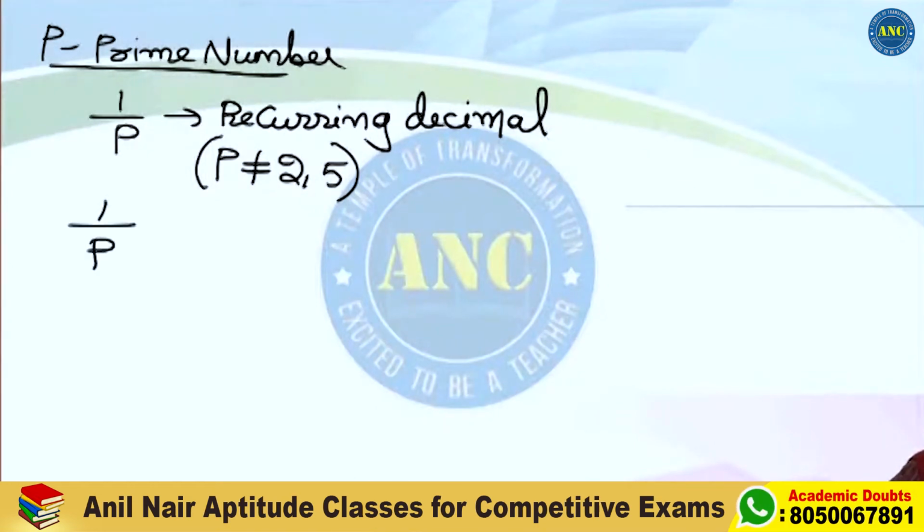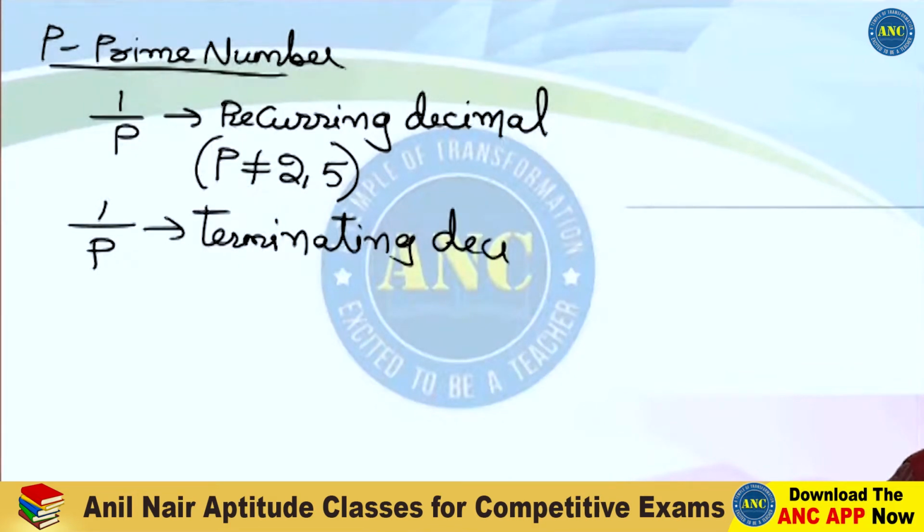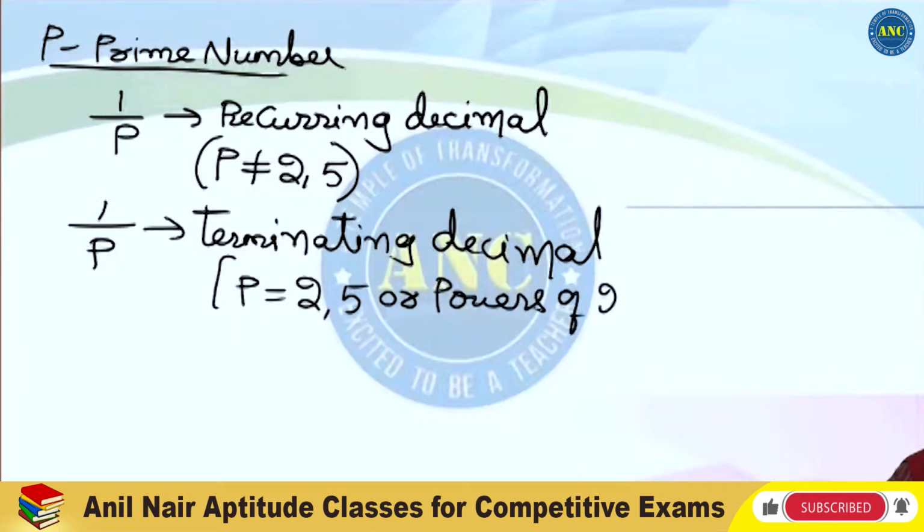Please write down this point, sir. 1 by P is a terminating decimal when P is 2 or 5, or powers of 2 and 5.